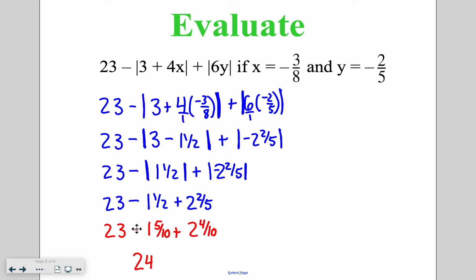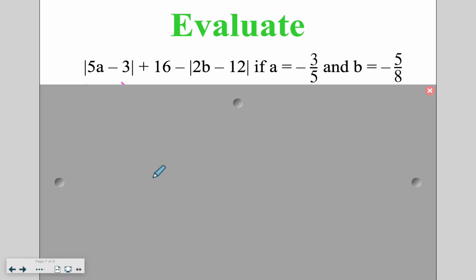Then we've got -5/10 from our first fraction, plus 4/10, which is going to give me -1/10. So 24 minus 1/10 is going to be 23 9/10 for our final answer. Again, because we had fractions to start, we should have fractions as our final answer. Go ahead and try this one on your own.